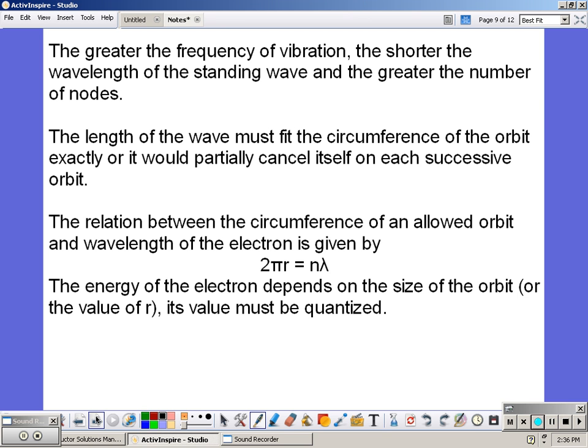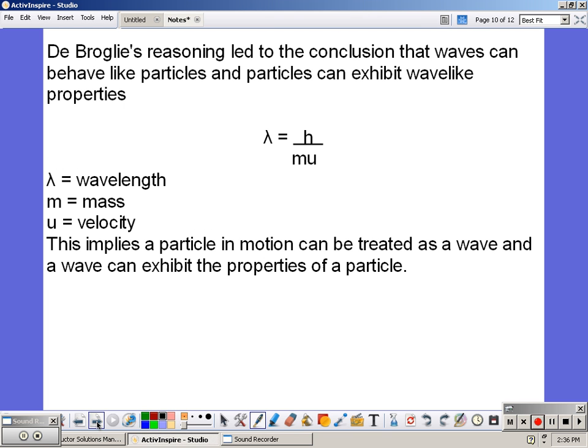So the energy of the electron then depends on the size of the orbit, and so the value must be quantized. So the farther away from the nucleus you get, the larger the radius, the more energy our electron is going to have. De Broglie's reasoning led to the conclusion that waves can behave like particles, and particles can exhibit wave-like properties.